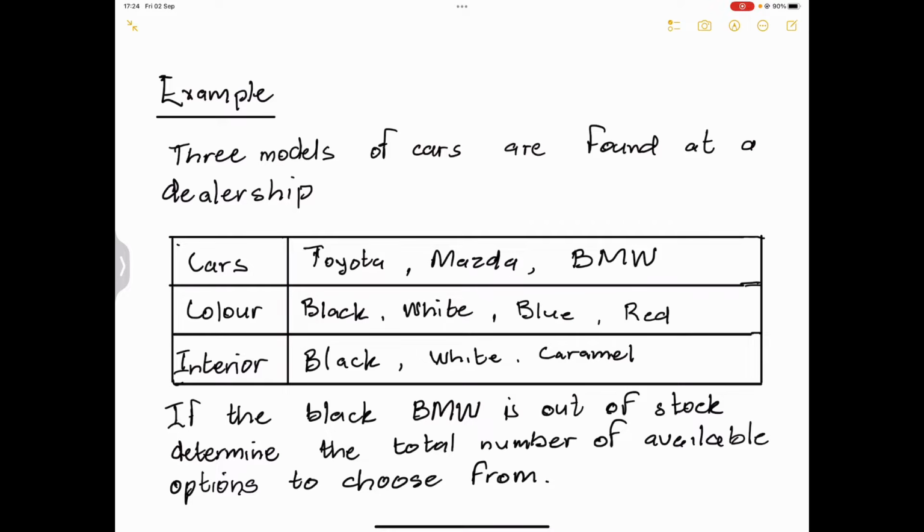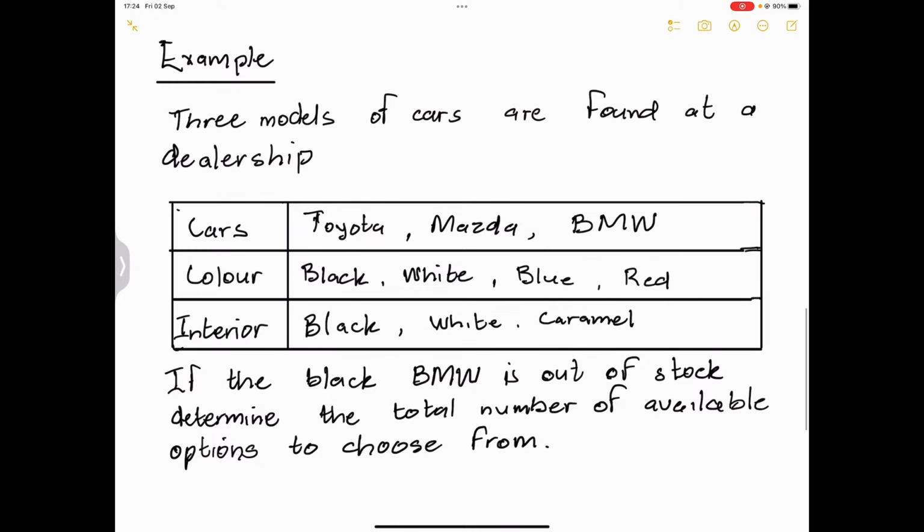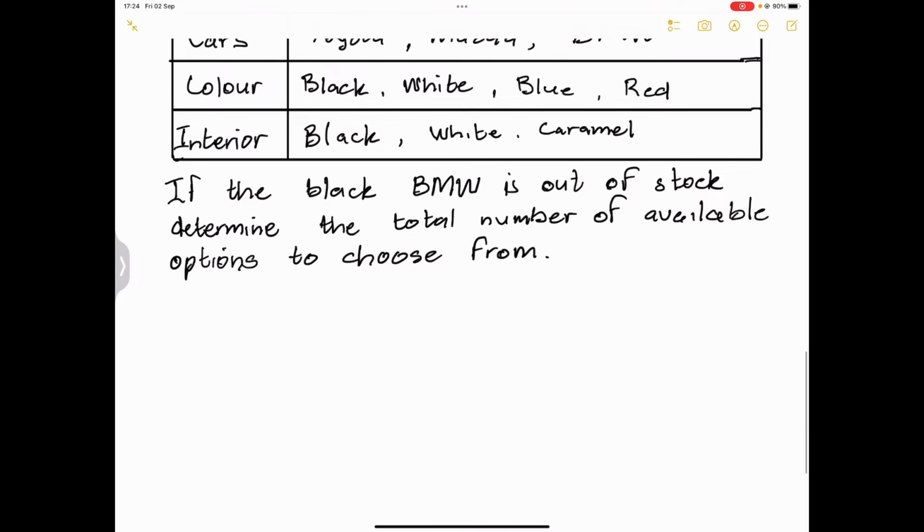You can even choose the type of interior that you want, between black interior, white interior, and caramel. Now, if they tell us that the black BMW, that is the color of the car, is out of stock, determine the number of available options to choose from.